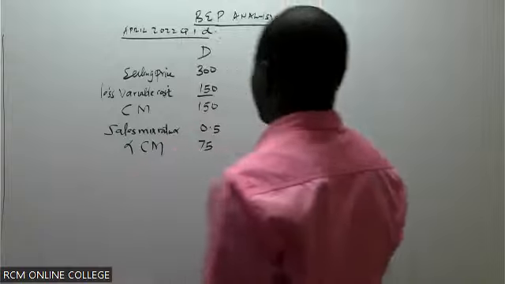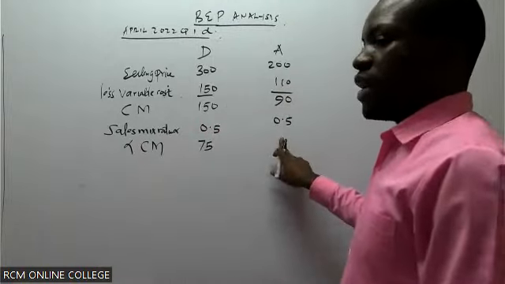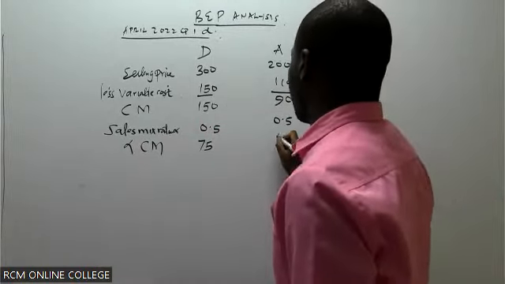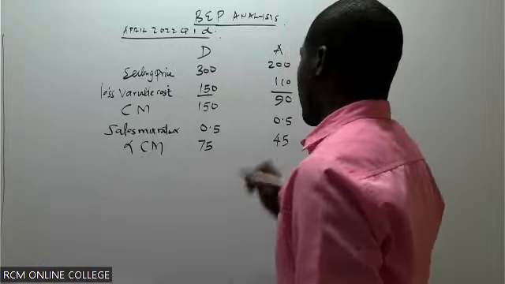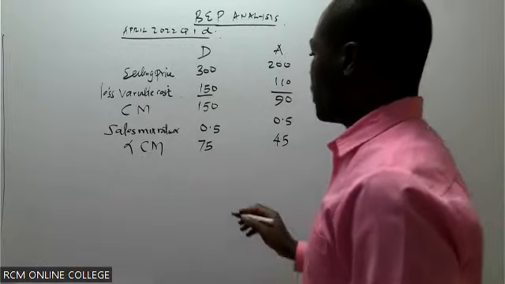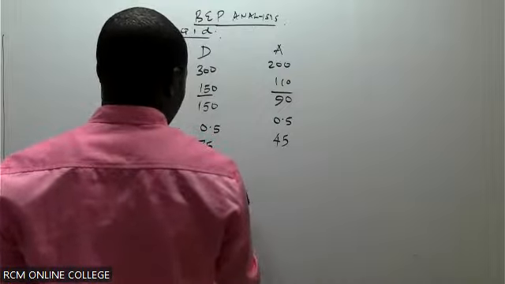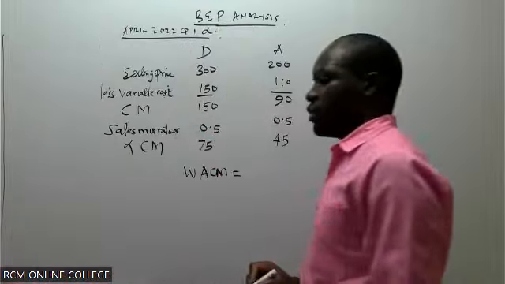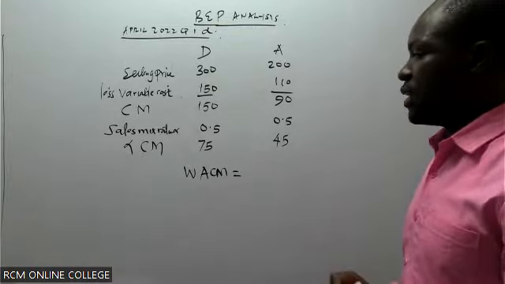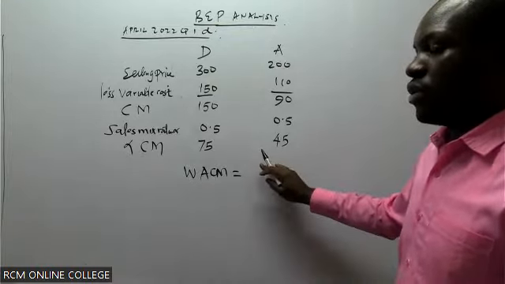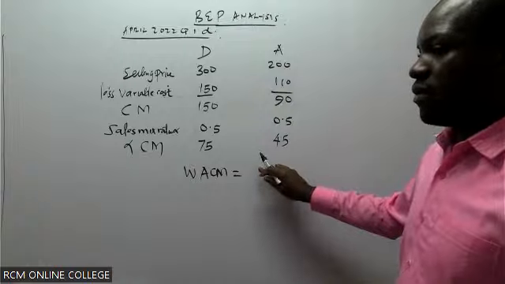How about this other one? 0.5 by 90, we are having 45. So how about the summation, that is now the weighted average contribution margin? Weighted average contribution margin, what are we having? That is now when we add the two. So if the two are added, what are we having?